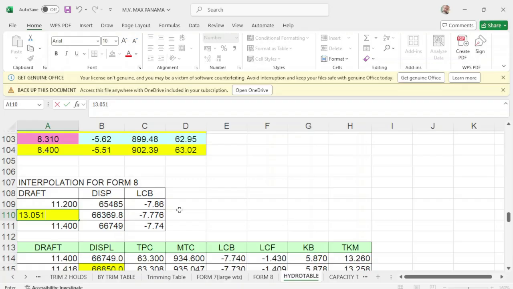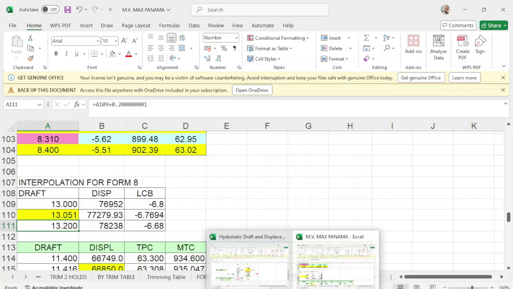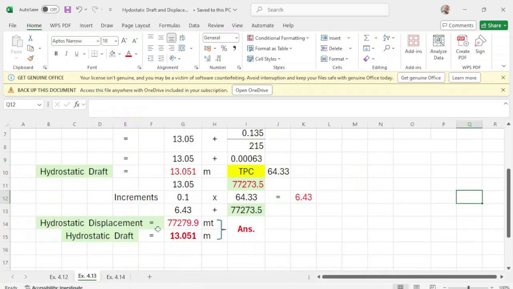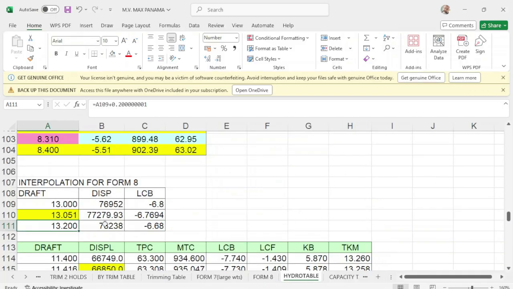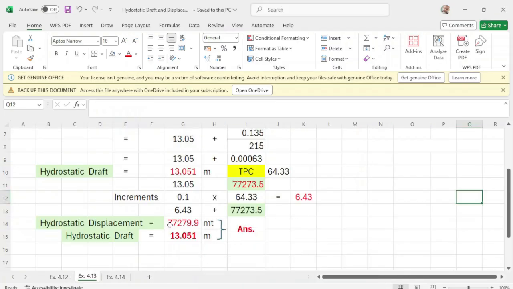Displacement is 77,279.93, or 0.9, which is 79.9.